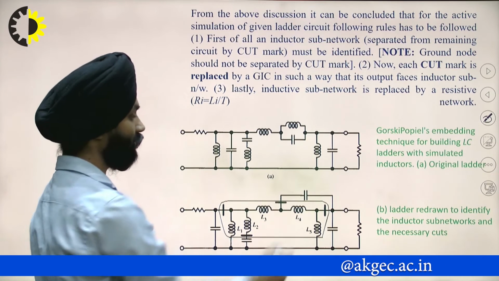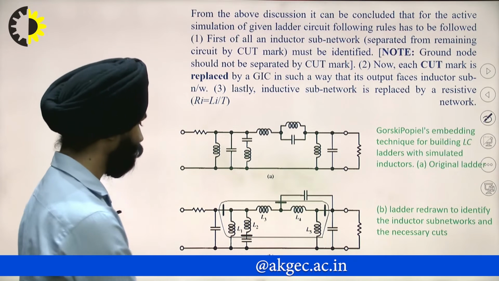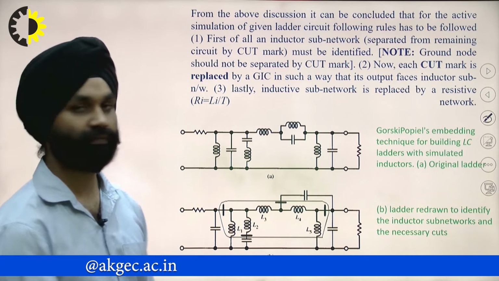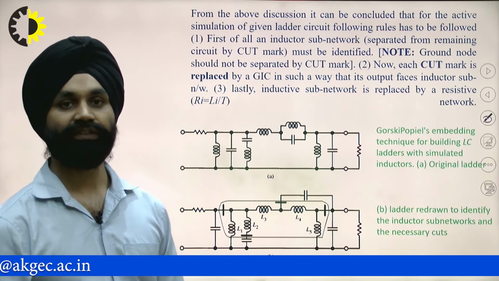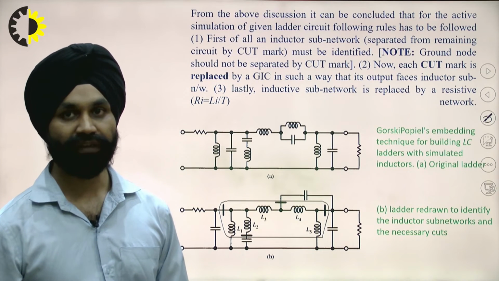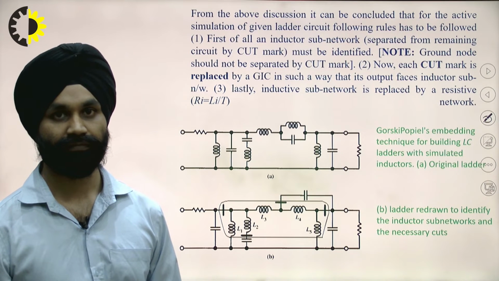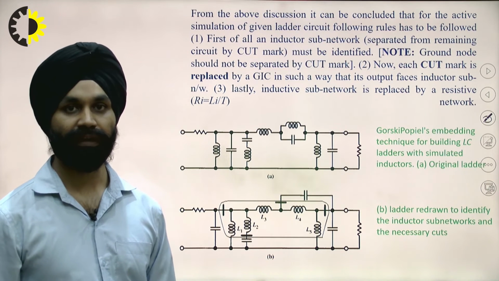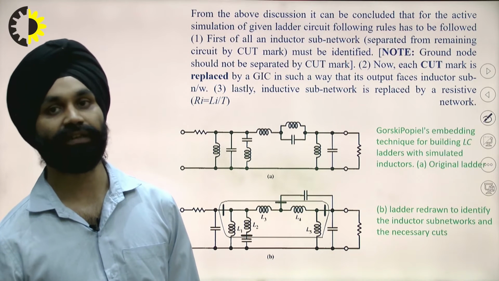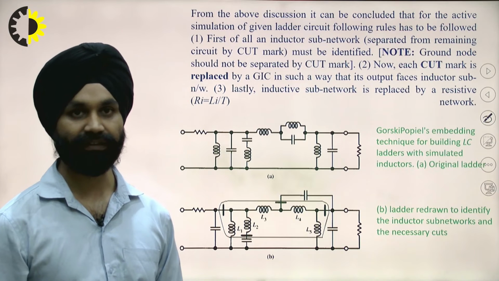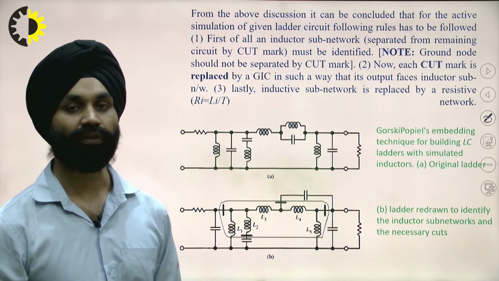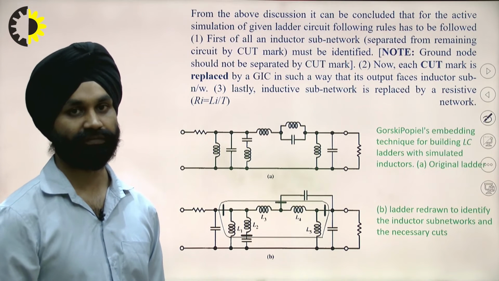Let's suppose for this network, if we have a ladder circuit, if we have a cut from this circuit by inductors, then each cut is to be replaced by GIC circuit in such a way that its output is facing the inductor subnetwork. Then lastly, the inductive subnetwork is replaced by resistance as in the previous case. That resistance will be equal to Li by T. The ith resistance will be equal to the ith inductance by time constant.